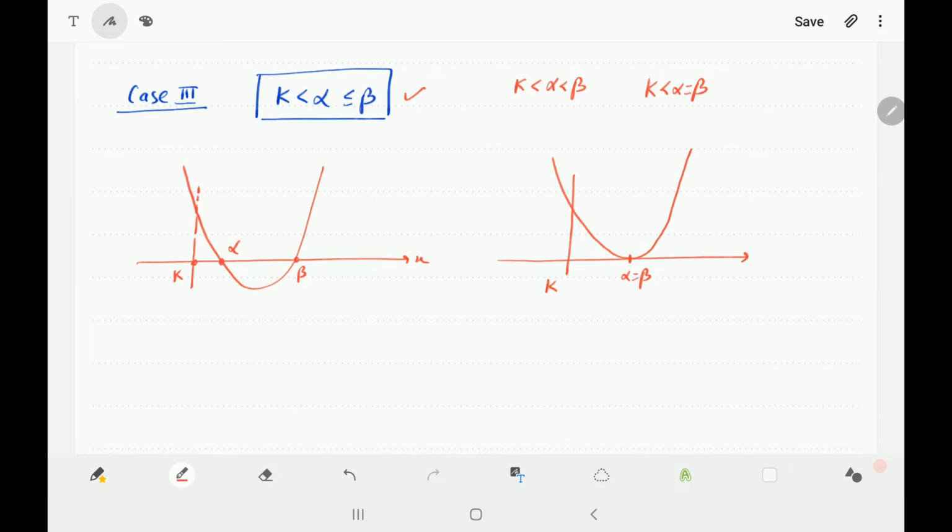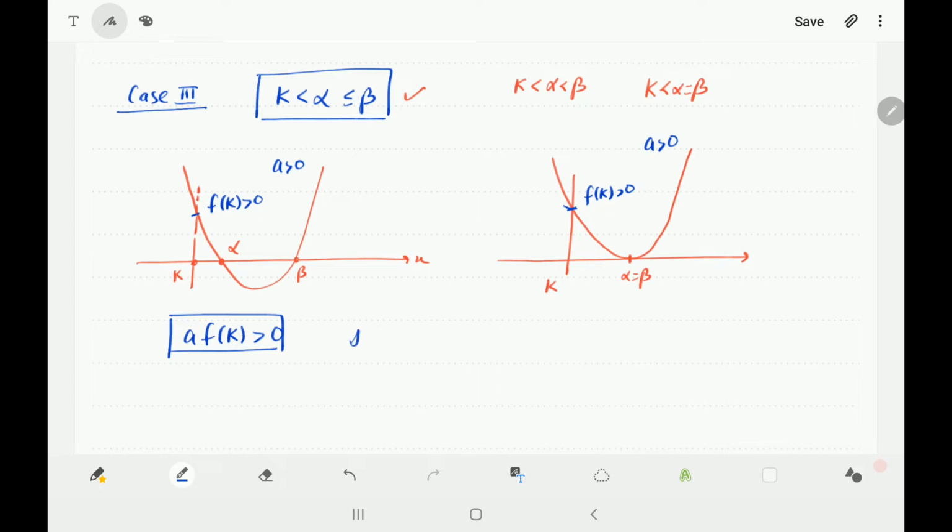Now the first condition is based on a into f of k. In this case, a is greater than 0 and f of k is also greater than 0. So the product of these two will be greater than 0. So the first condition definitely will be a into f of k is greater than 0. This holds for this case also: a is greater than 0, f of k is greater than 0, so the product a into f of k is greater than 0.